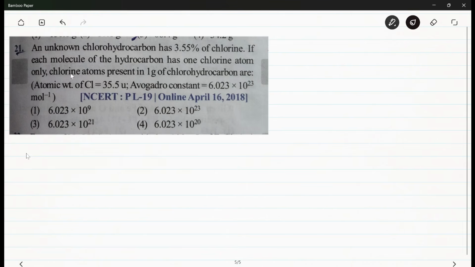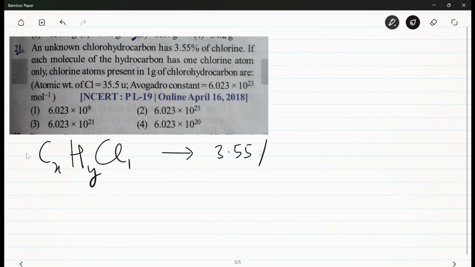Chlorohydrocarbon means some amount of chlorine is there. C is there, H is there, Cl is there. CxHyCl, monochloro. So how much chlorine does it have? 3.55% of chlorine.